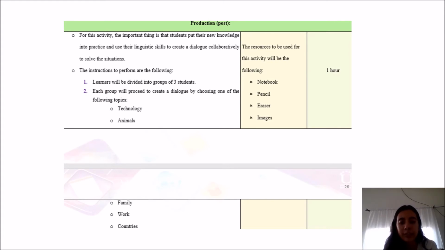The collaborative production focuses on the use of linguistic skills through the creation of a collaborative dialogue, in which each group must choose a topic and from that create a dialogue to solve a daily situation. This activity takes place over an hour and allows students to lose their fear of speaking in front of the class and using the target language.